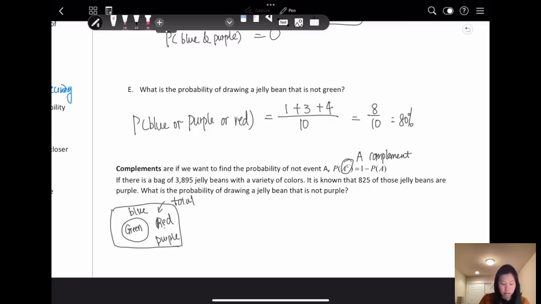So instead of finding the probability of the green out of the total number, they want you to find the probability of not green, which means this part, anything in the graph except for the green. So green complement equals 1, because the total probability is 100%, which is 1, minus the probability that you draw a green jelly bean.